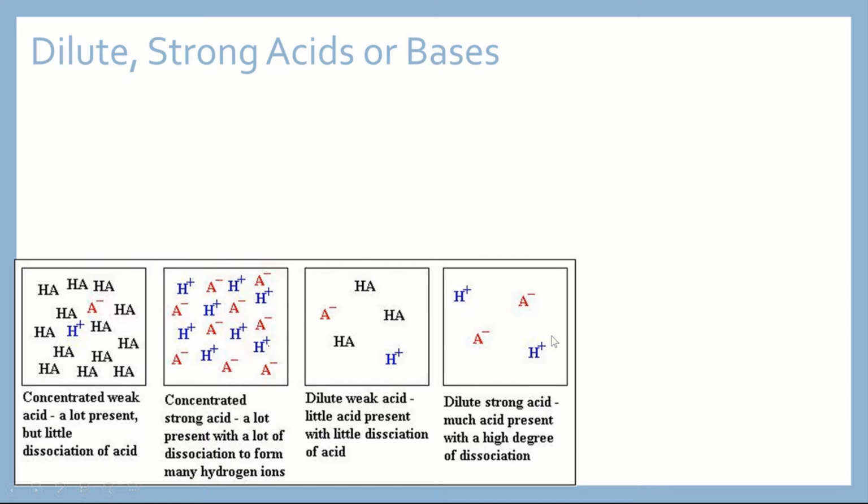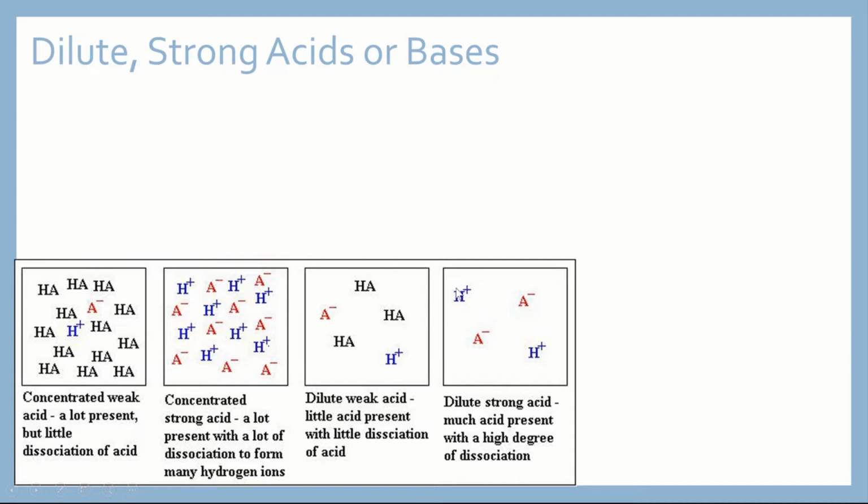Now we look at the two images on the right. Both of these are dilute, meaning there's not much acid per space. So both of them are dilute, but that has nothing to do with whether or not they're strong or weak acids. The picture on the right is a strong acid.